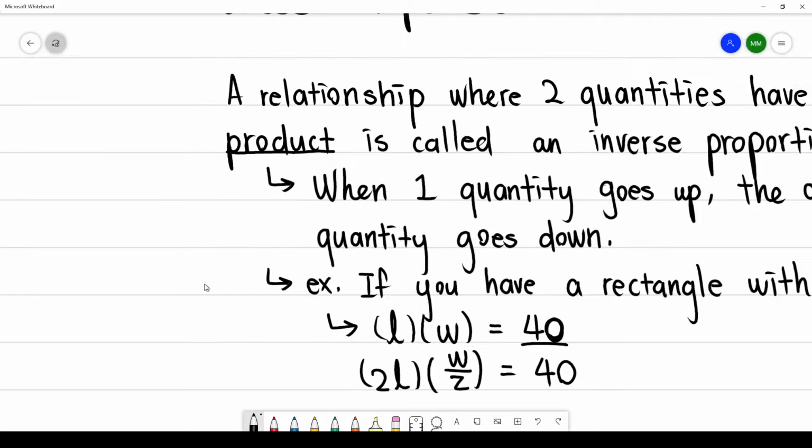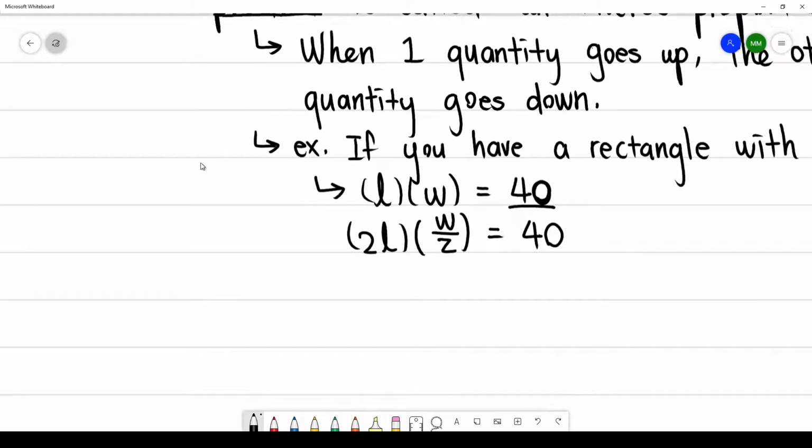So how do we write this? There's actually a way to write this. I didn't show you this for direct proportion.